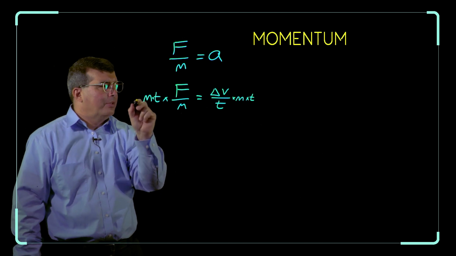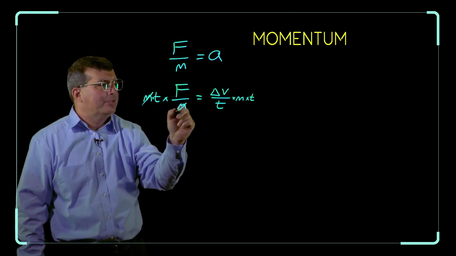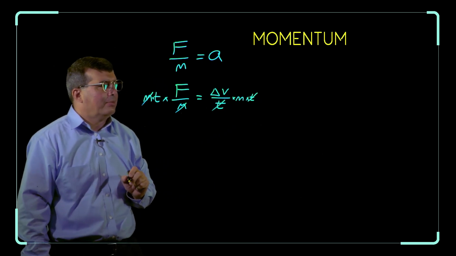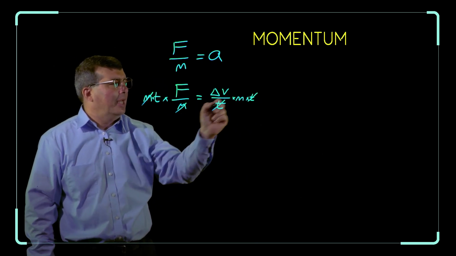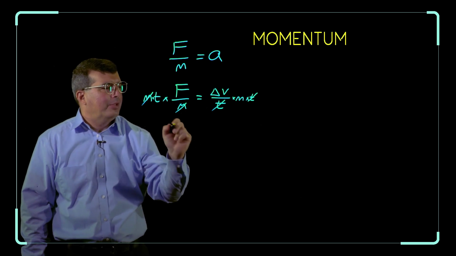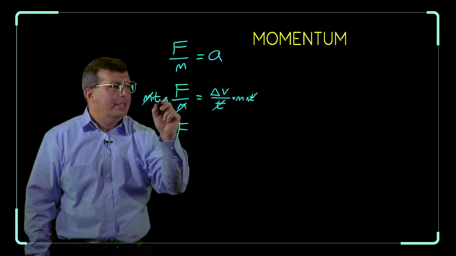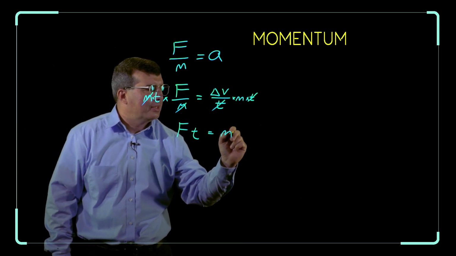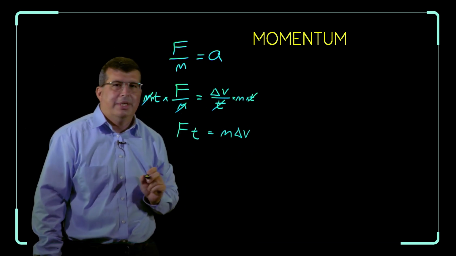Now on this side, mass cancels out, and on this side, time cancels out. So I've canceled out my mass and my time, and what am I left with? I'm left with force times time is equal to mass times change in speed.